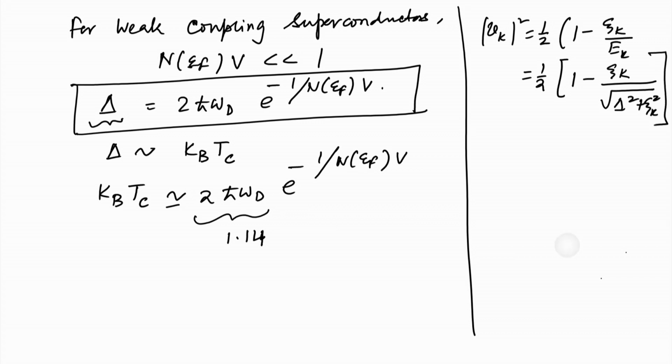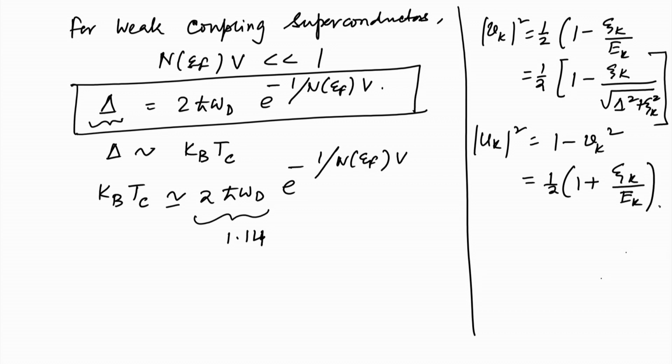So, that is V k, and U k square is simply equal to 1 minus V k square, which is equal to half of 1 plus psi k by E k. These are important because these decide the behavior of the gap, the k dependence of the gap.